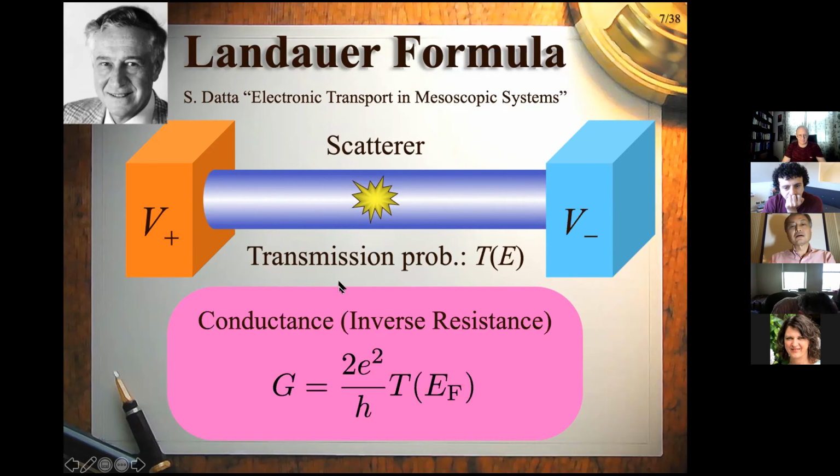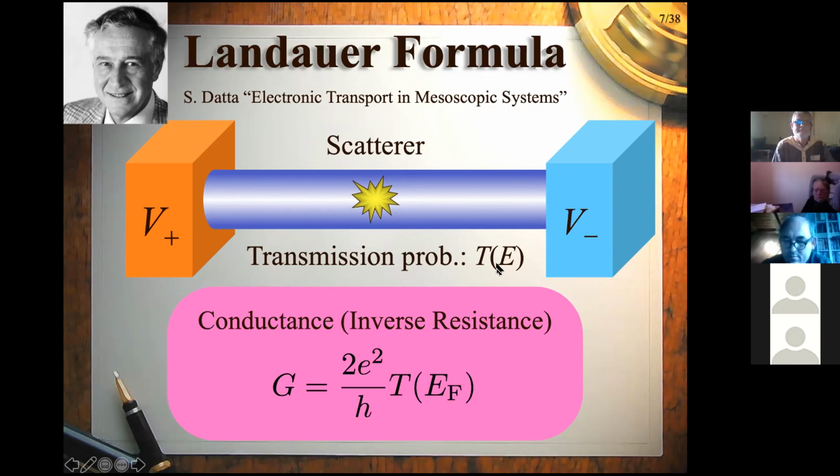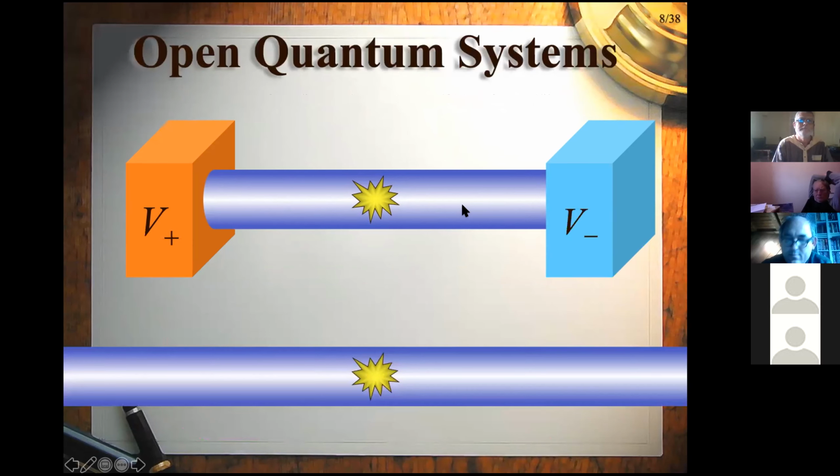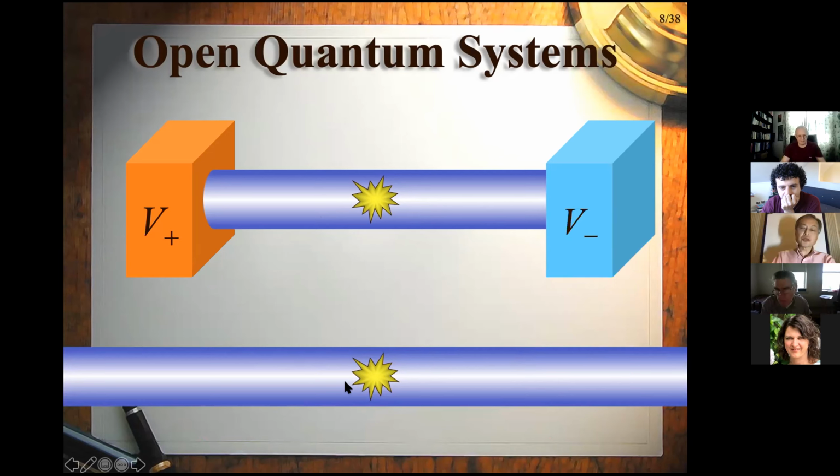The Landauer formula tells you that the conductance between these two electrodes is given by the transmission probability of this quantum scatterer. But the transmission probability is not computed in this setup; it is computed in this setup, right? So why is the physical quantity of this situation given by this situation?